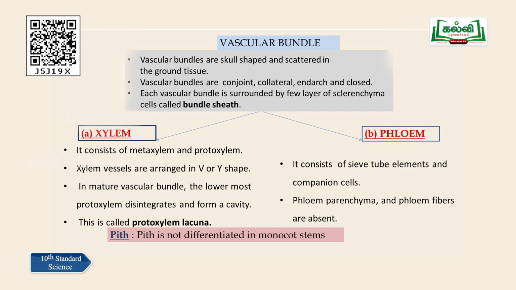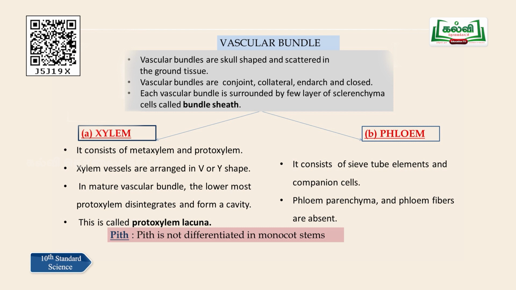What is the work of xylem here? The xylem always conducts water. It consists of metaxylem and protoxylem. The larger cells of xylem are called metaxylem, and the smaller cells are called protoxylem. The xylem vessels are arranged in a V shape or Y shaped structure.